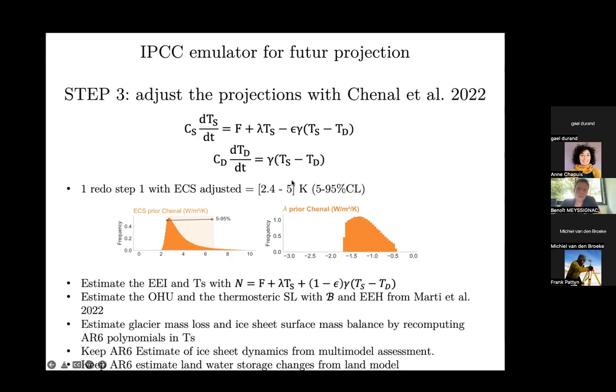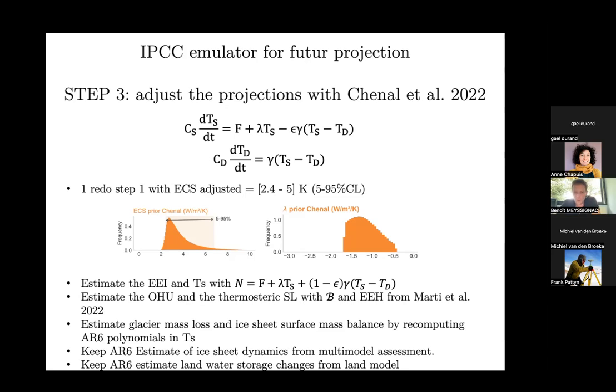And then we get a new emulator and we compute the ocean heat, we compute surface temperature, ocean heat uptake, and we get an update of the glacier mass loss and the ice sheet surface mass balance using the polynomials that are proposed in AR6. But we keep the estimate of ice sheet dynamics from AR6 and the land water storage from AR6.